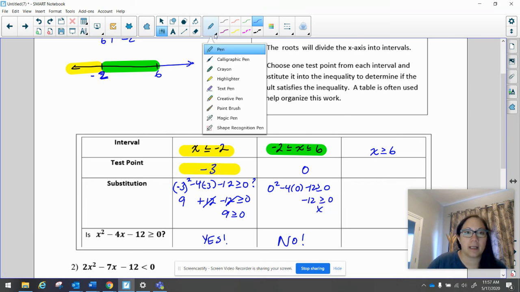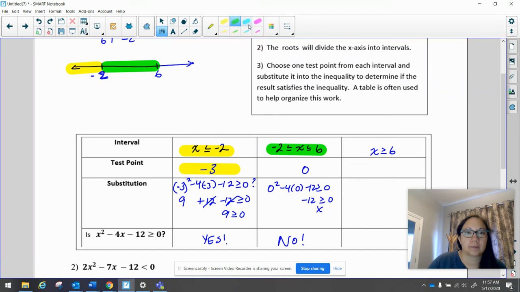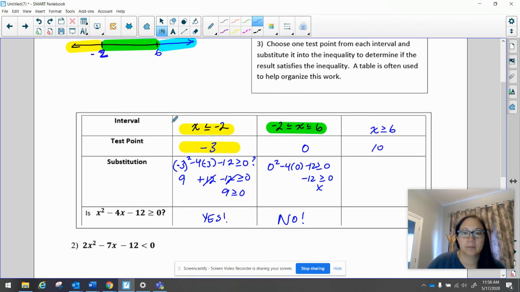Okay, now I want to check my next region, my third region, or interval. I'm calling them intervals, I'm calling them regions. Something greater than 6, and like I said, I like to use easy numbers, so I'm going to pick 10. So 10 squared minus 4 times 10 minus 12, is that greater than or equal to 0?